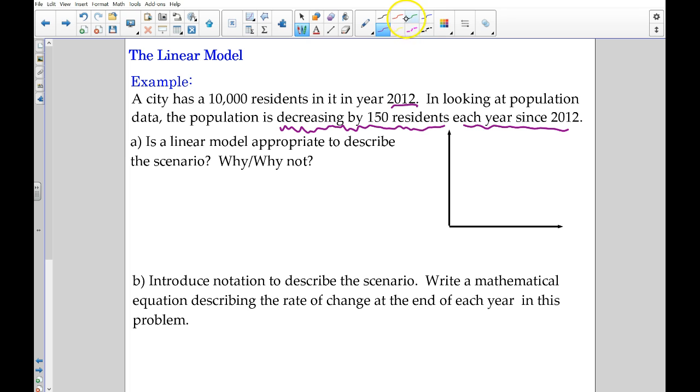Okay, so just to answer this first question, is a linear model appropriate to describe the scenario, why or why not? Well, if I think of this as a graph of time, so maybe this is 2012 at the beginning here, and I know at 2012 the city begins with 10,000 residents. So again, I'm going to make a horizontal axis as time, and the vertical axis as population.